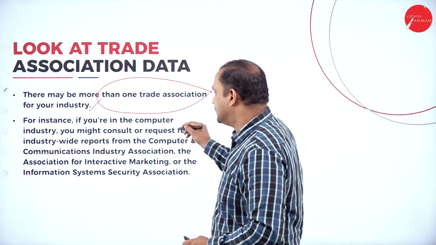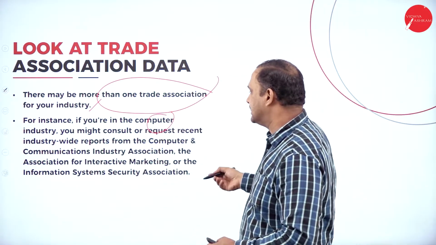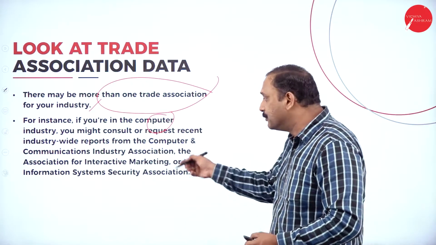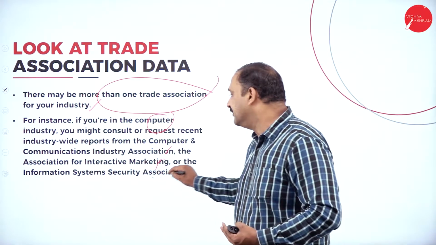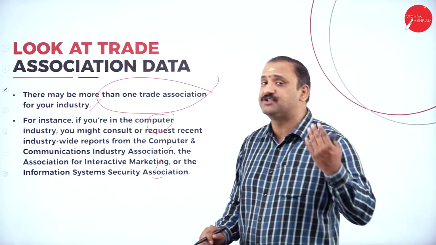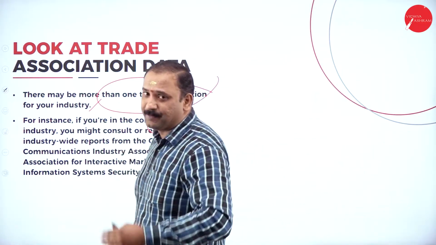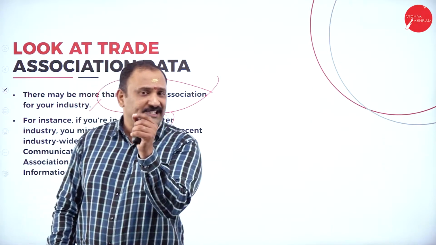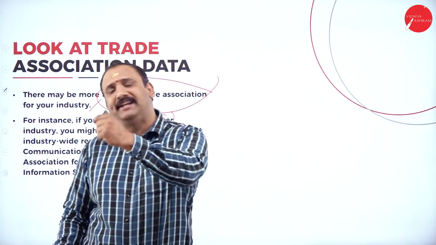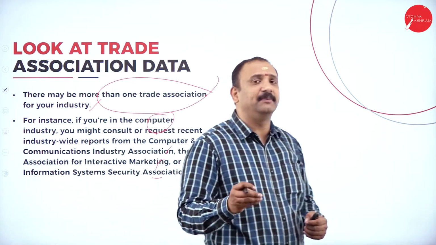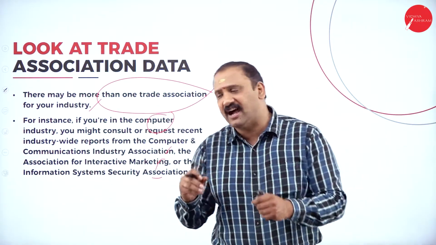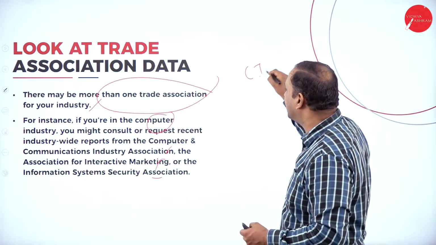Now, for instance, for the computer industry itself, there might be something like the Computer Communication Industry Association, Interactive Marketing, Information Systems Security Association. So one industry might be linked to various parameters. Like for example, in India, it might be linked to the CII, the Confederation of Indian Industry.